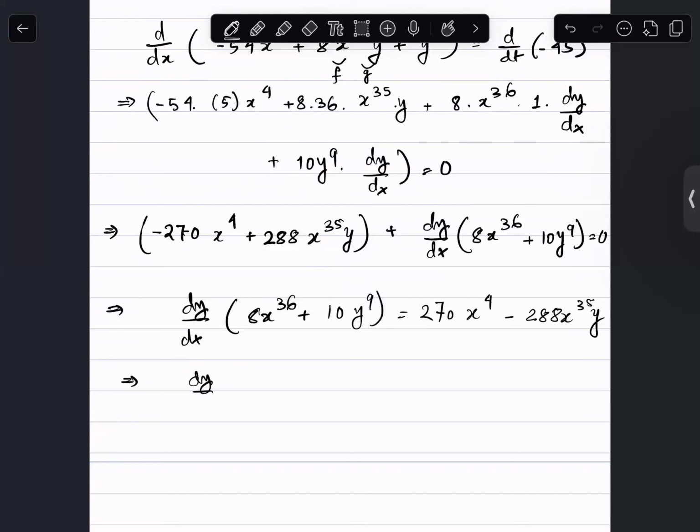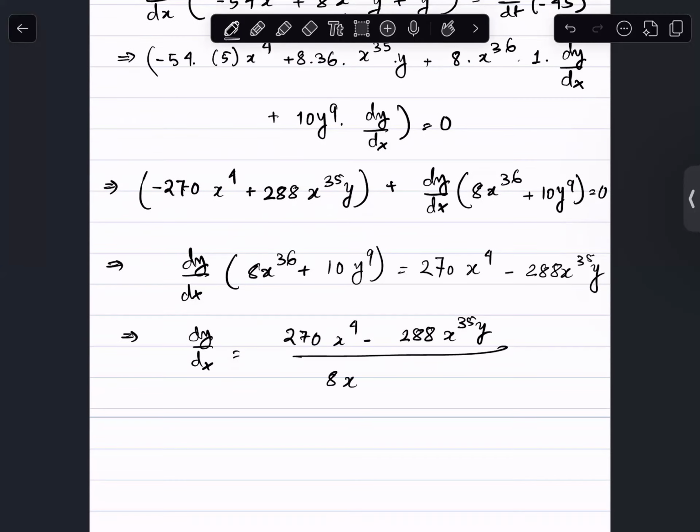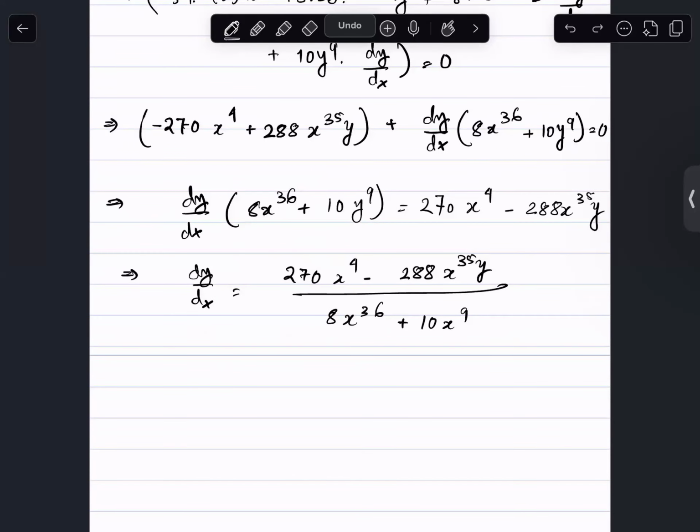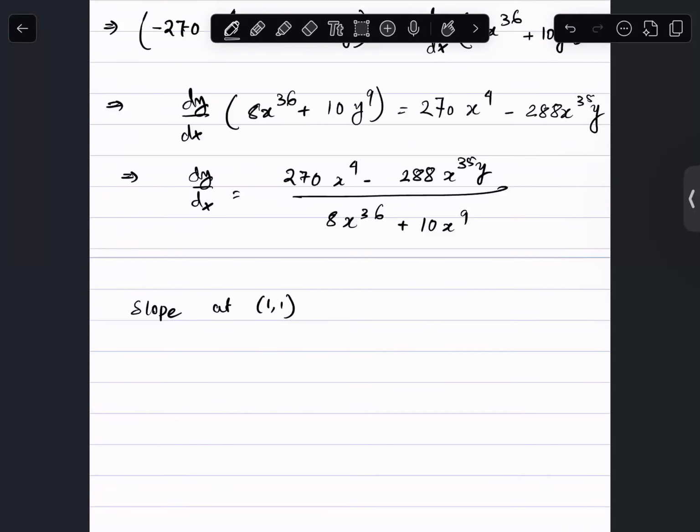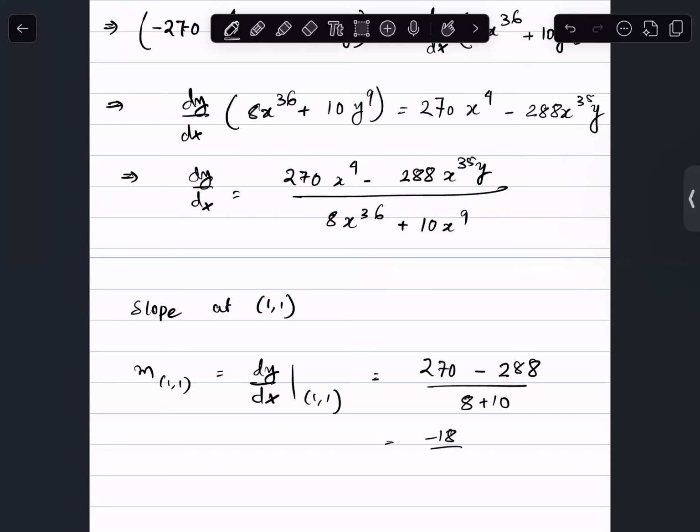So you get dy/dx to be 270x to the 4 minus 288x to the 35 over 8x to the 36 plus 10x to the 9, and then you get the slope at (1, 1). Just choose the value 1, 1 for x, y in your expression for dy/dx. So you get (270 minus 288) over (8 plus 10), which is minus 18 over 18, which is just negative 1.